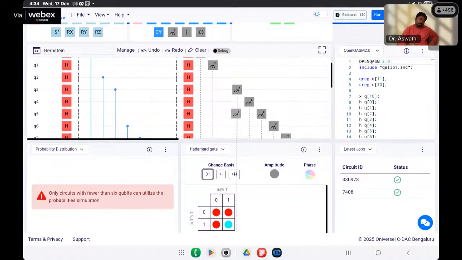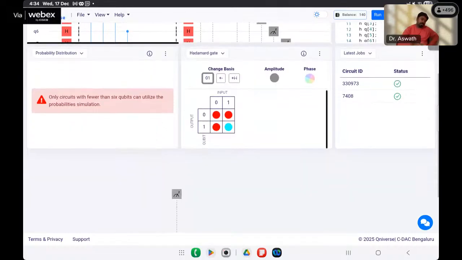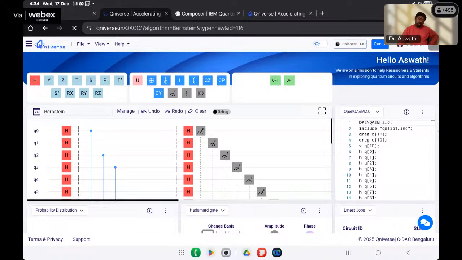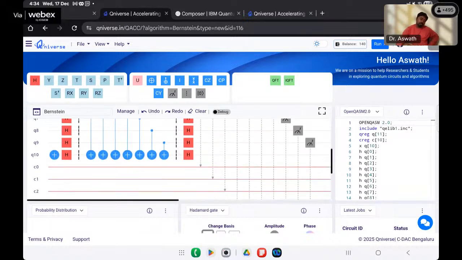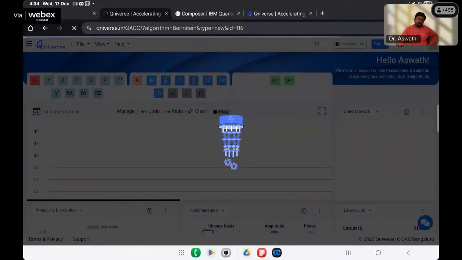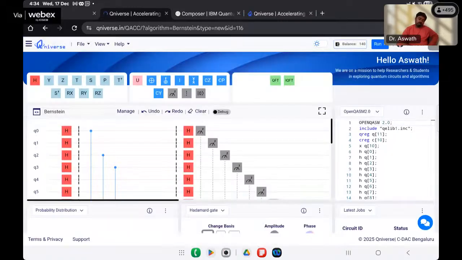Now if I process it, I made a mistake. The measurements are getting messed up while moving.